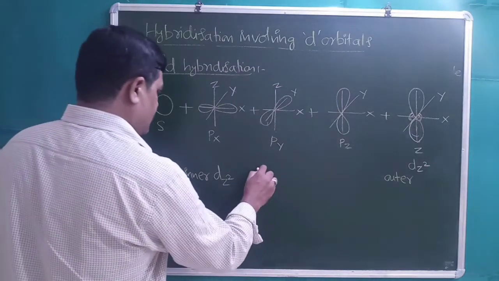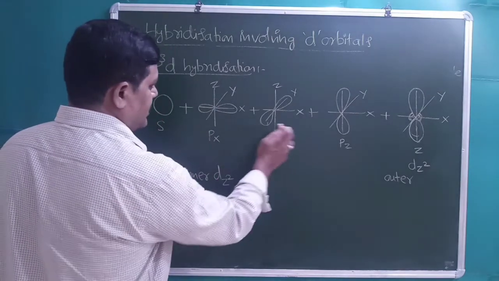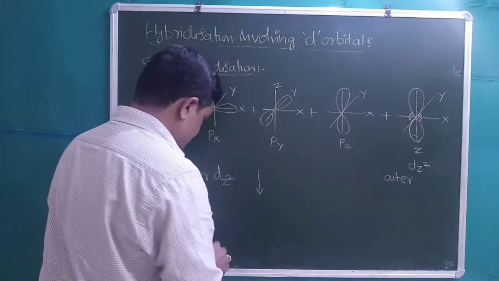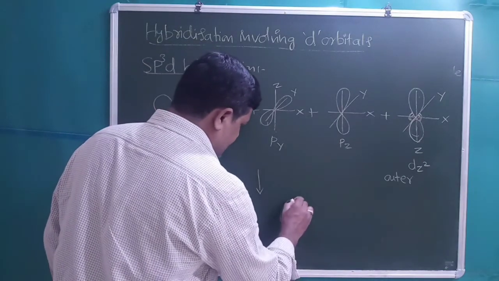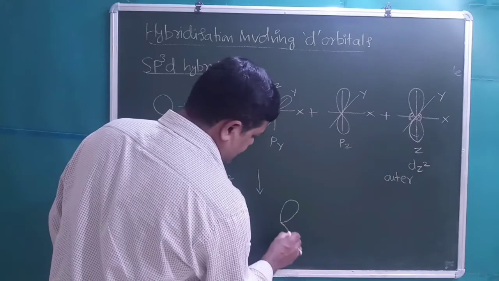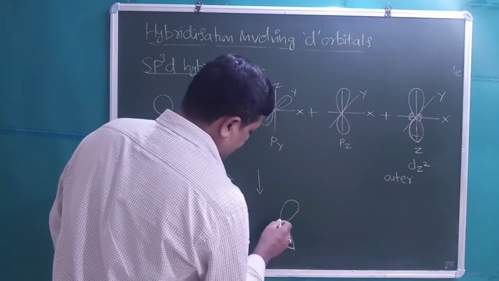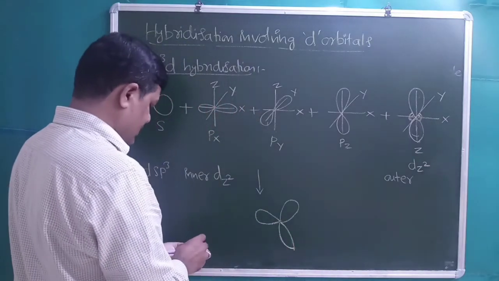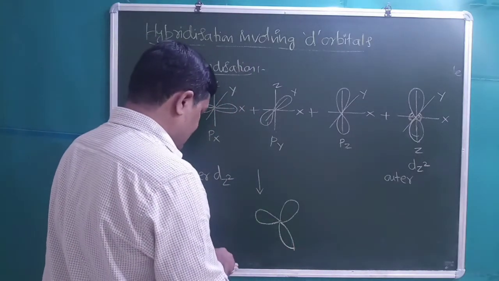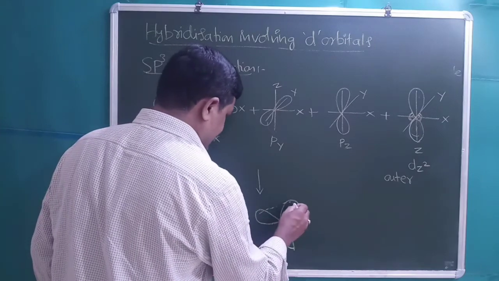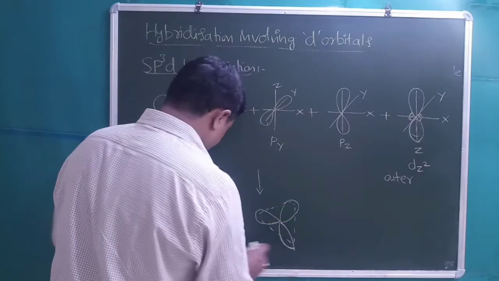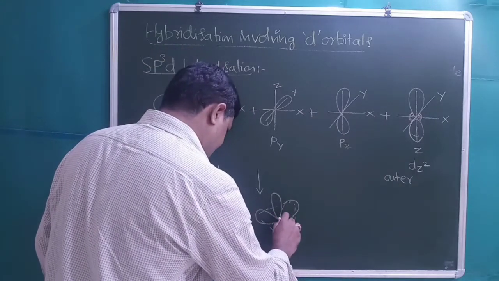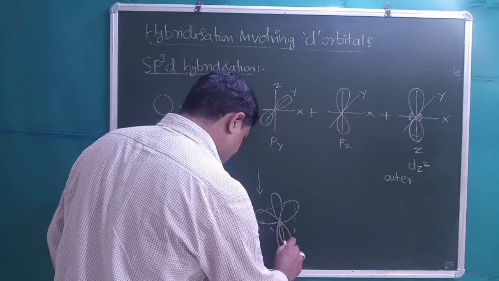Here, total 1, 2, 3, 4, 5 orbitals are involved. So it will form 5 hybridized orbitals, in which 3 orbitals are present in the equatorial position. This is the plane of the board. These 3 orbitals are present, and 2 orbitals are present in axial position, perpendicular to the plane of the board.